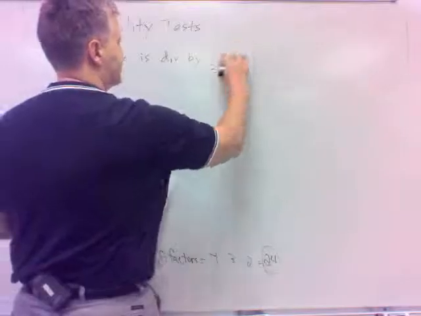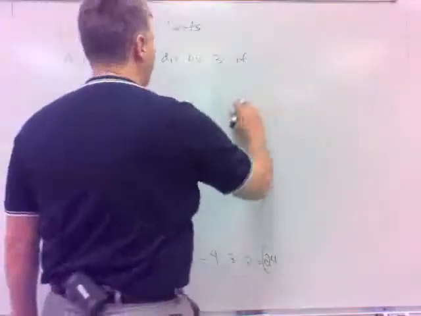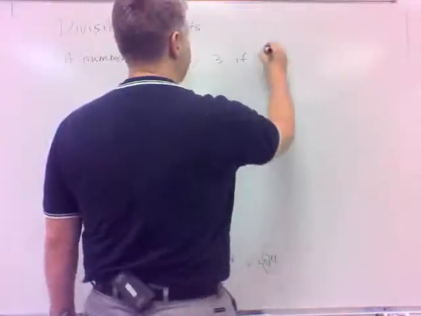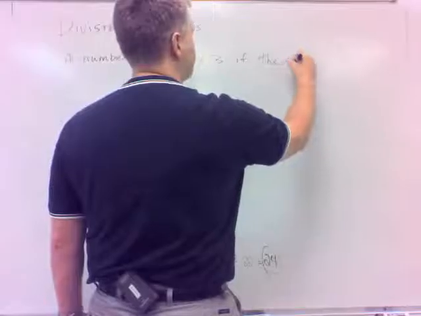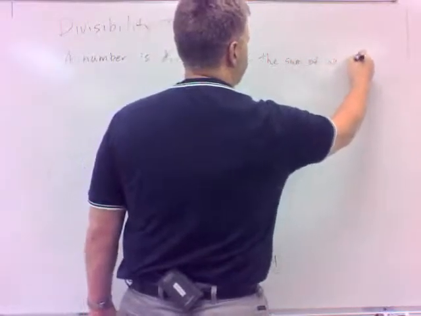What's the test? Well, it's not quite as nice as the 2 or 5 or 0. It turns out you look at the sum of it. A number is divisible by 3 if the sum of the digits, all the digits, is divisible by 3.